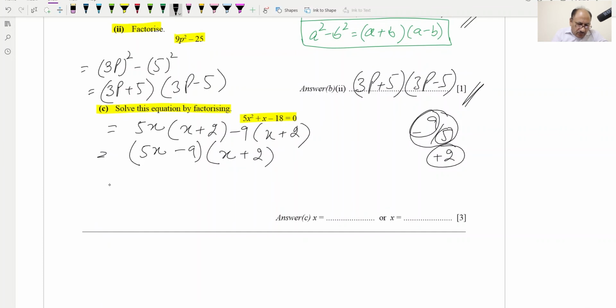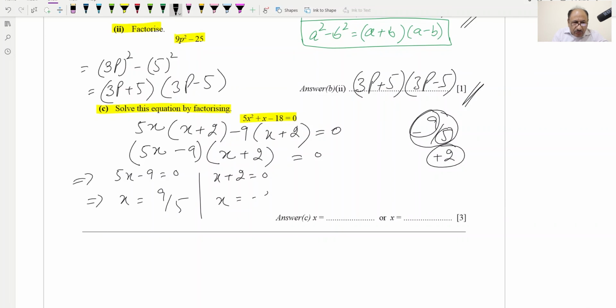And now this is equal to 0. Basically it is an algebraic equation, so we write equal to 0. This implies 5x minus 9 is equal to 0, or x plus 2 is equal to 0. So this implies x is equal to 9 by 5, and this implies x is equal to minus 2. So 9 by 5 and minus 2 will be our answer for the 3 marks part.